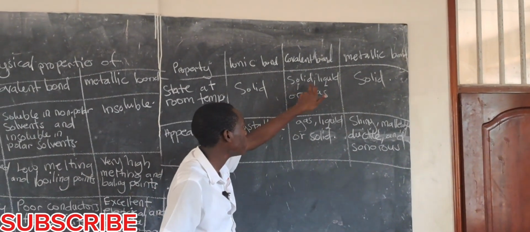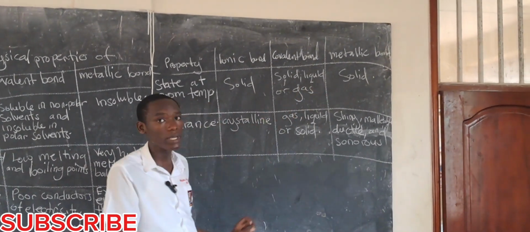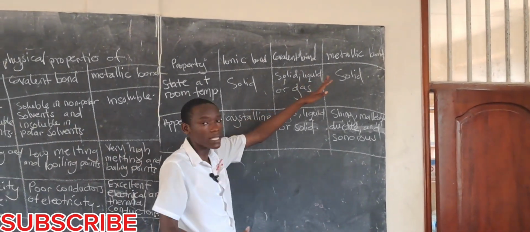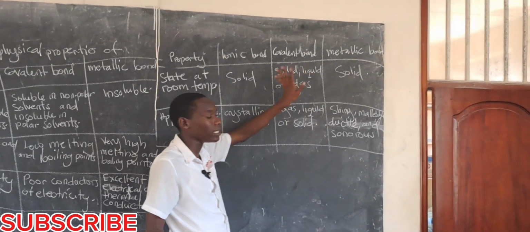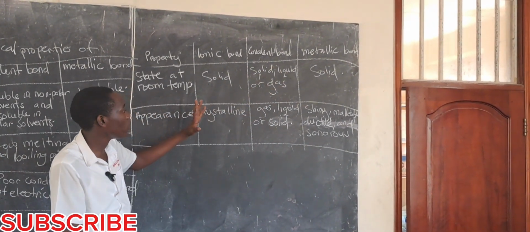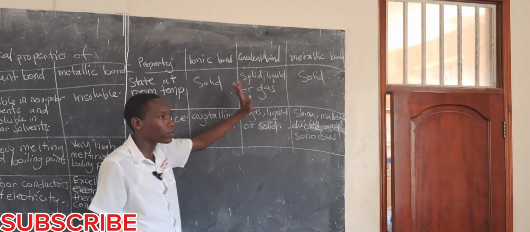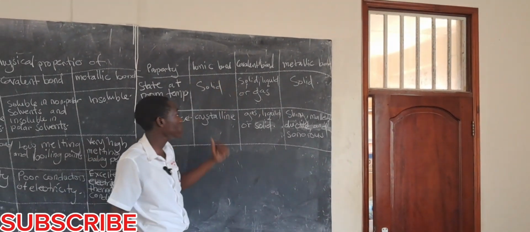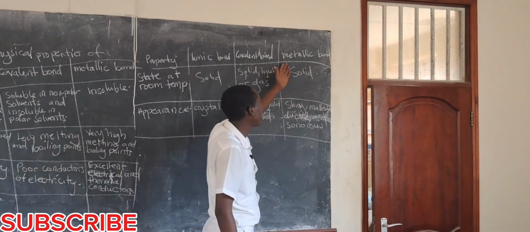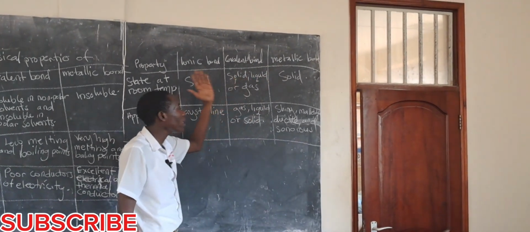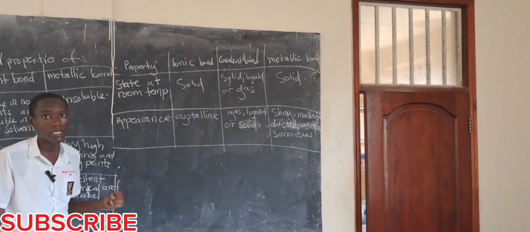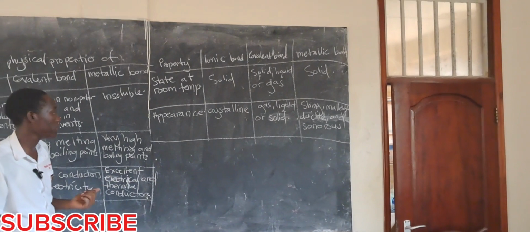It can be a solid, a liquid, or a gas. A liquid, for example, water, H2O, is a liquid at room temperature, and nitrogen molecules or chlorine are gases at room temperature. Then we have metallic bonds. They are solids at room temperature, for example iron or aluminium.